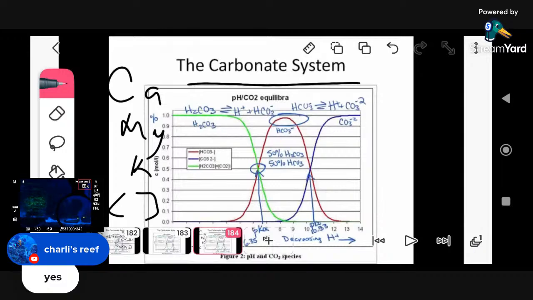So let's say as you're dosing your carbonate to pick up the pH or the alkalinity of your water, up to right here your calcium is going to form solids. Oh, actually, that's a lie, because we got the chart right there. So calcium is going to stop reacting up to right here, right, guys? Because up to right here, it's gonna favor the carbonate on the calcium.